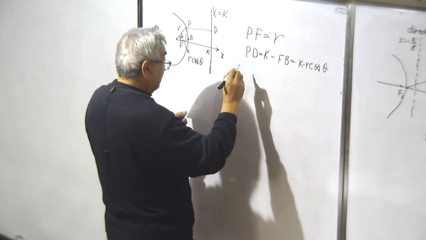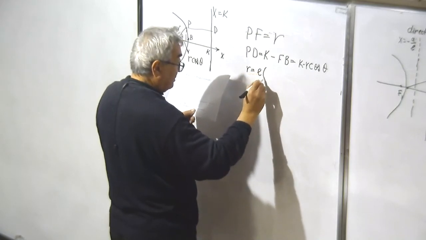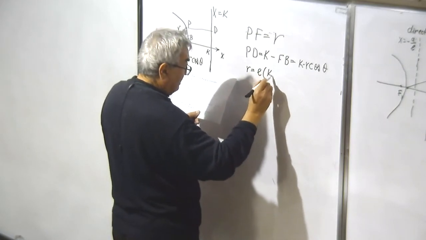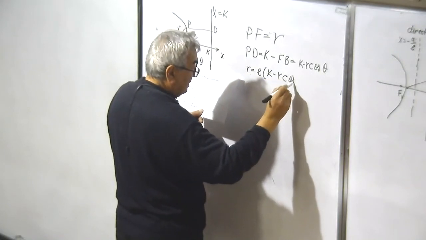And that means r over PD equals e. From here you receive e equals r over k minus r cos theta.